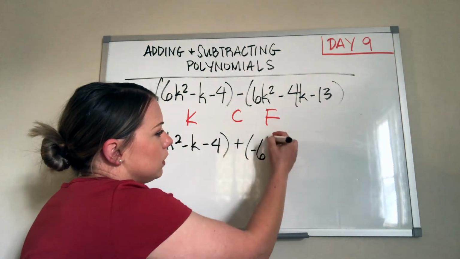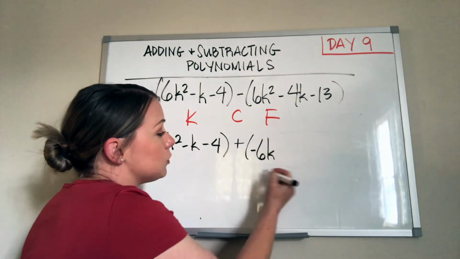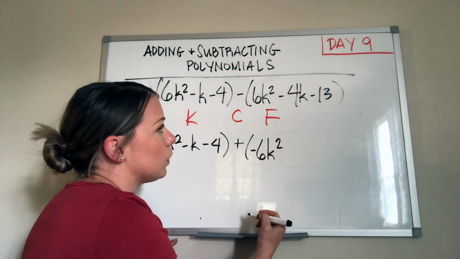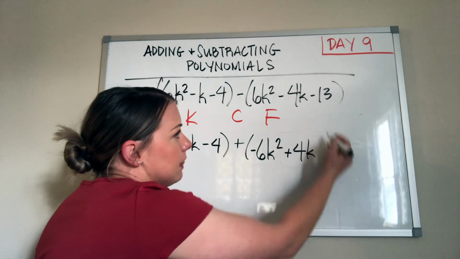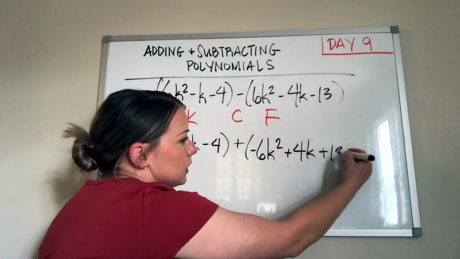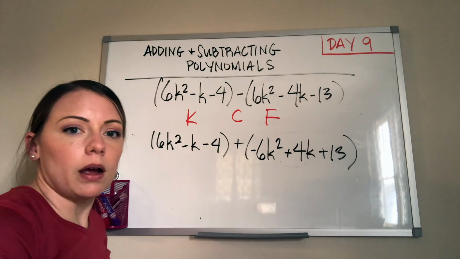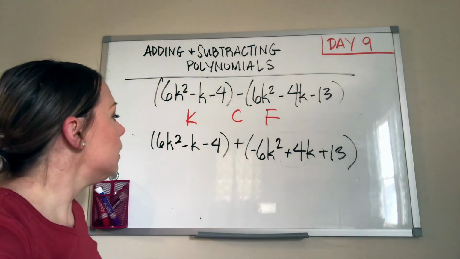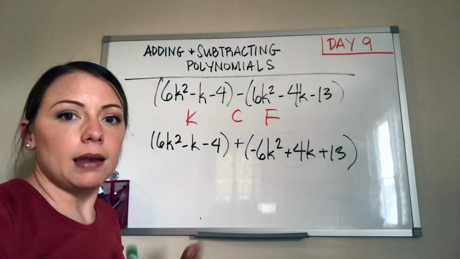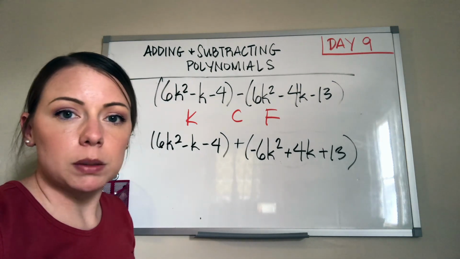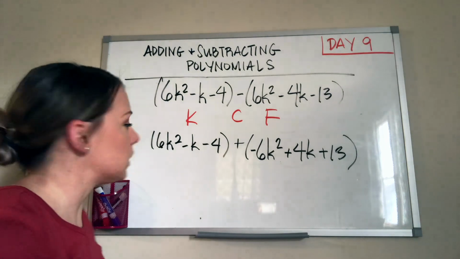So this becomes negative 6k squared. This becomes positive 4k, and this becomes positive 13. All right, not too bad, right? Now group each like term and add them together or subtract them depending upon if I have positives and negatives again.